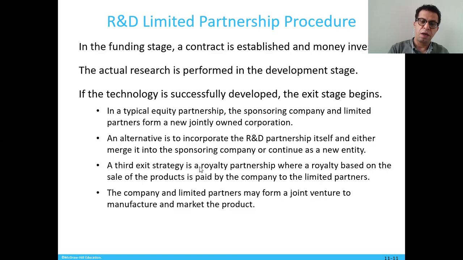begins. And it's typically the equity of the partnership, the sponsoring company, a limited partner, from the new jointly owned company. An alternative is to incorporate the R&D partnership. A third exit strategy is with royalties, and the fourth is companies limited partner.